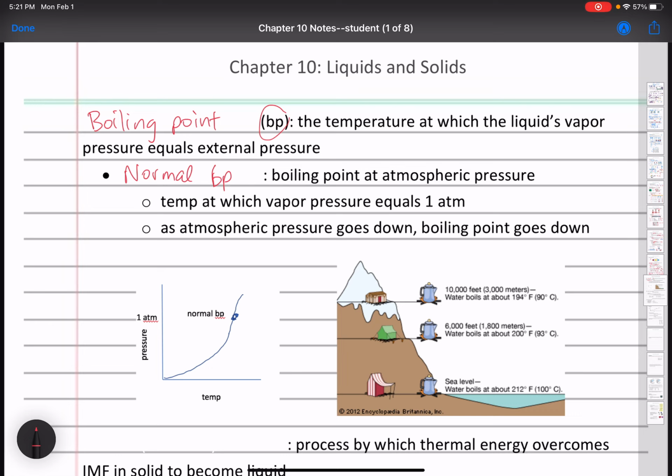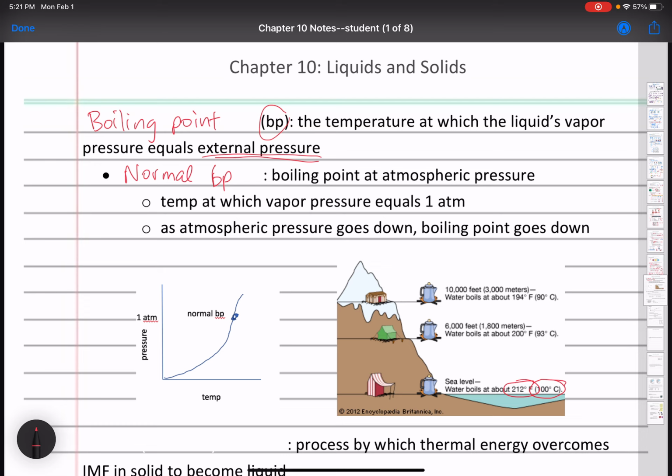So because the boiling point is dependent on external pressure, different external pressures result in different boiling points. You may know the boiling point of water to be 100 degrees Celsius / 212 degrees Fahrenheit because most people live around sea level-ish.